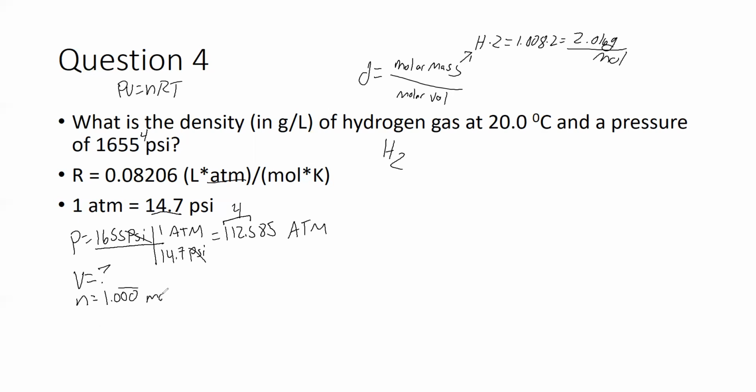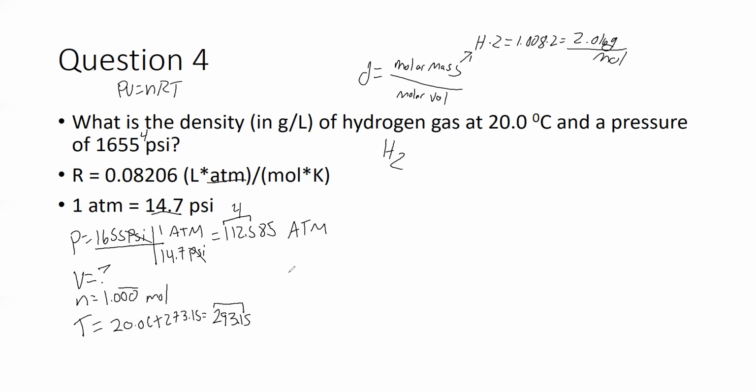So 1 mole. T, we're at 20 C plus 273.15 equals 293.15. Using our addition and subtraction rules, that will have 4 sig figs as well.